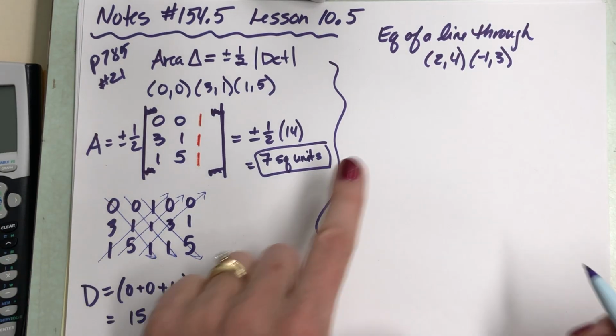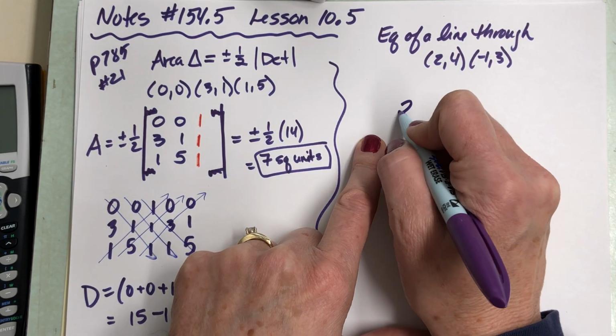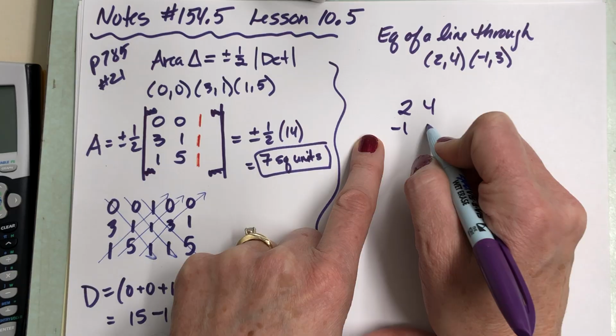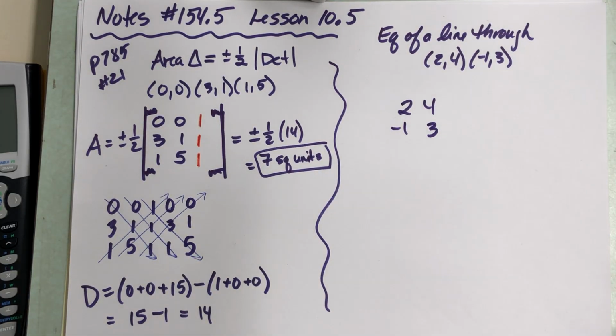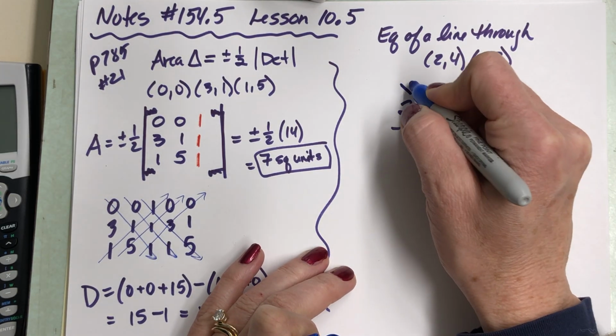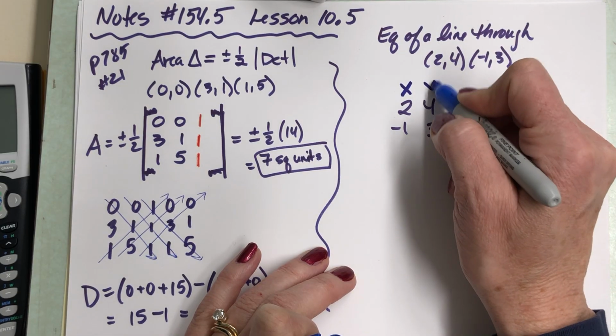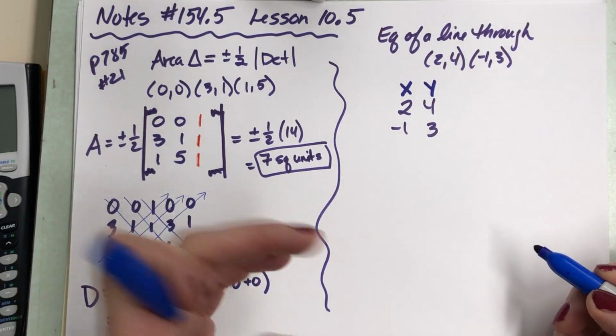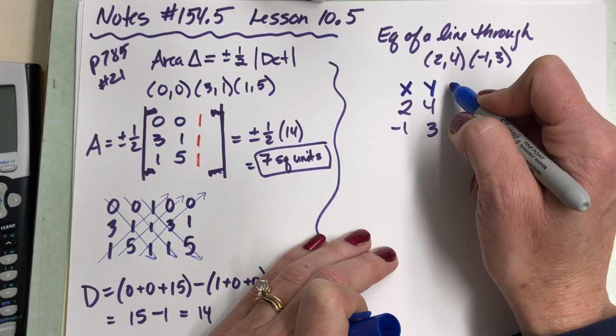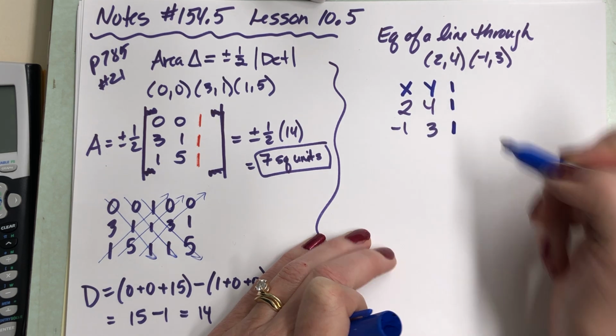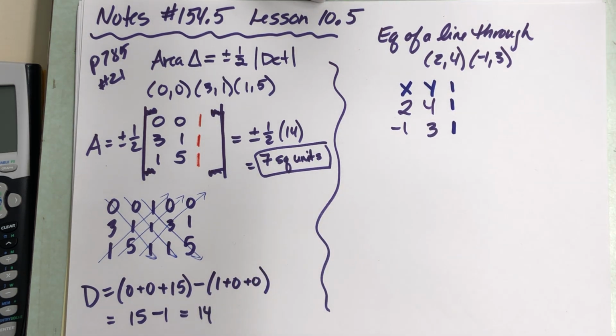So what we're going to do is make this a matrix: 2, 4, -1, 3. But in order for us to make this a matrix, we need to add an x and a y because every equation has an x and a y. This is the column for x's, and this is the column for y's. That's not a square matrix, is it? So I'm going to add some ones as placeholders. Ones are great placeholders.